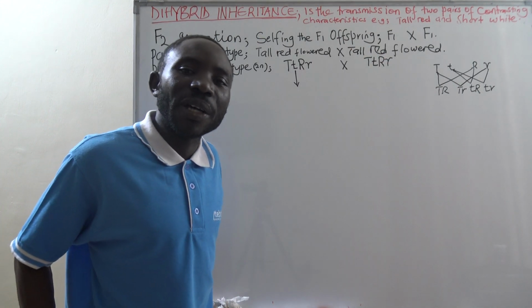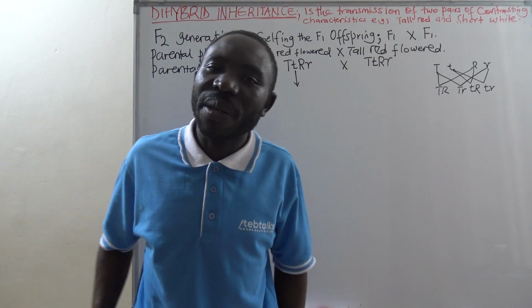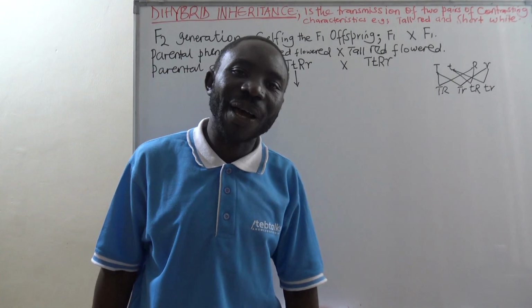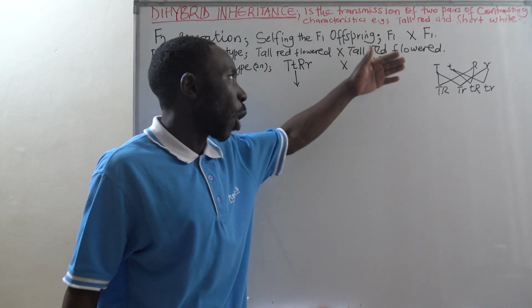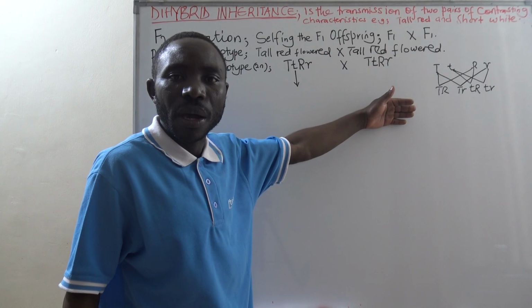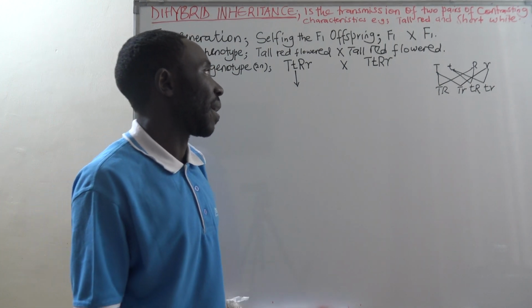We observed that all the offspring in the F1 generation were tall and red flowered, an indicator that the allele for tall character was dominant to that for short character.